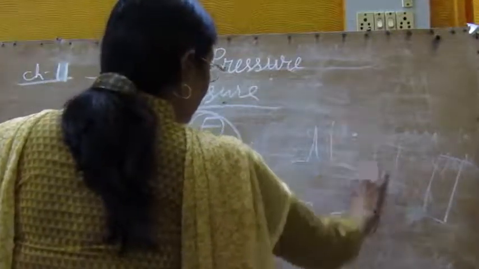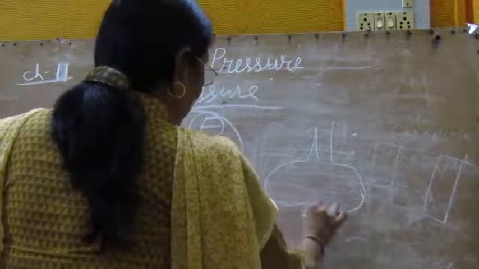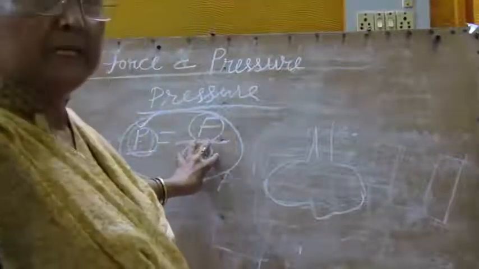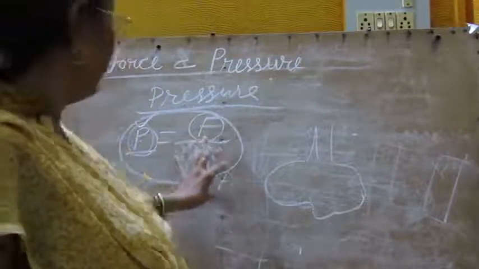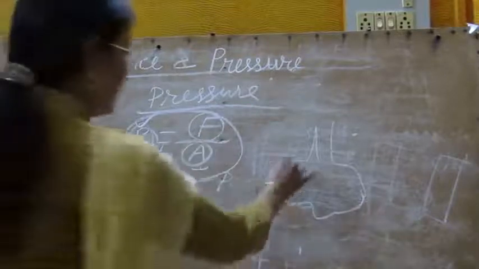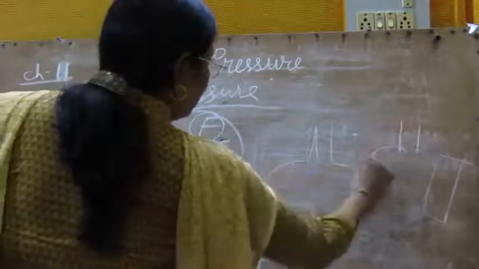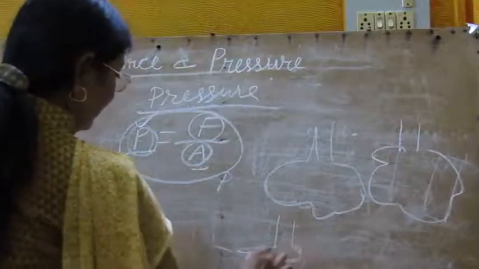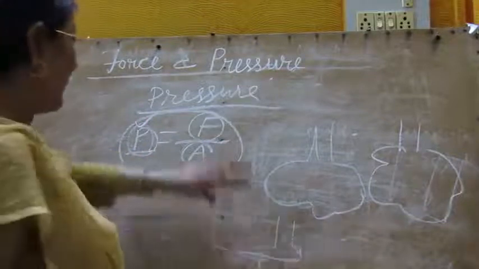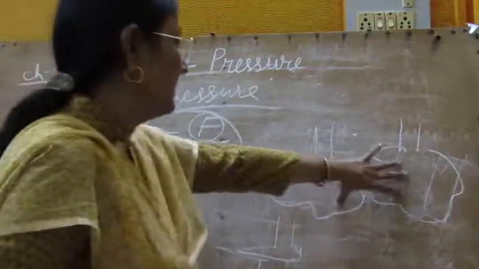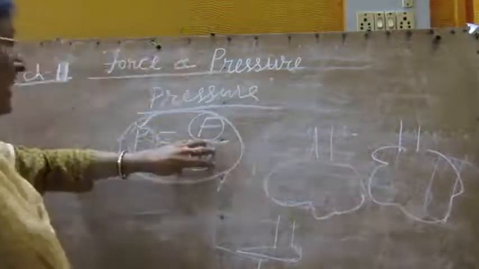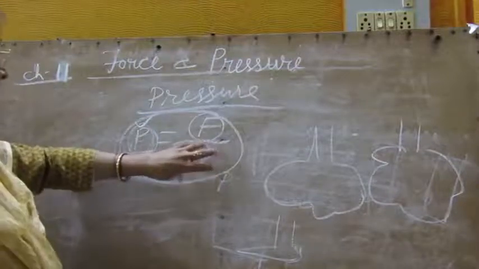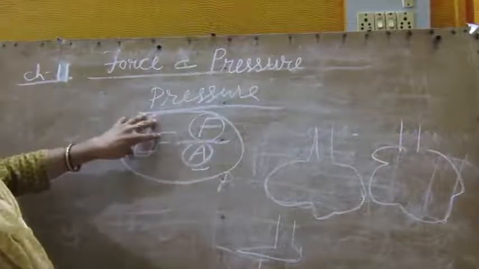Large padded feet means A is more. The area of the camel's feet is large, whereas the human being's feet area is less. So area more, the pressure will decrease.